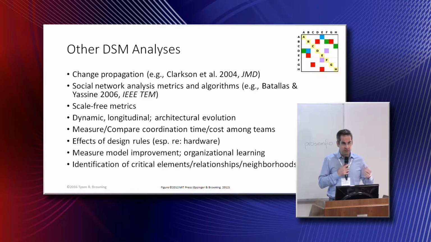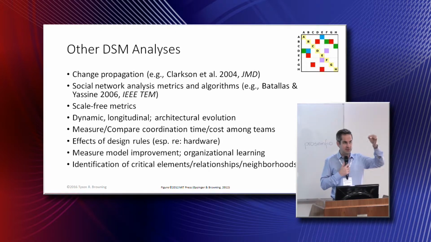I think a challenge, something where we need more work, is what I have called scale-free metrics. I mentioned earlier with building DSMs that it depends on what type of DSM you build and how far down you decompose it, whether you represent your product as a 10 by 10 DSM or a 100 by 100 DSM.